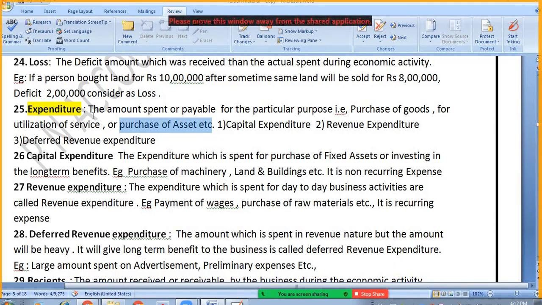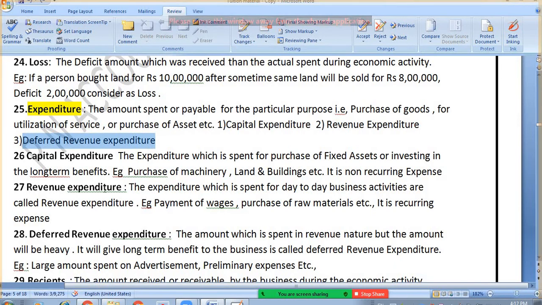Now, expenditures are of three types. Let us see what those expenditures are. One is capital expenditure, second is revenue expenditure, third is deferred revenue expenditure. Let us learn what capital expenditure is first of all.